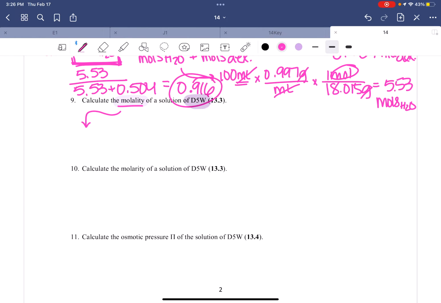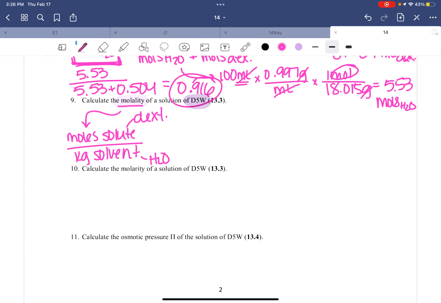The equation for molality is moles of solute over kilograms of solvent. In this case, the solute is our dextrose and the solvent is water.